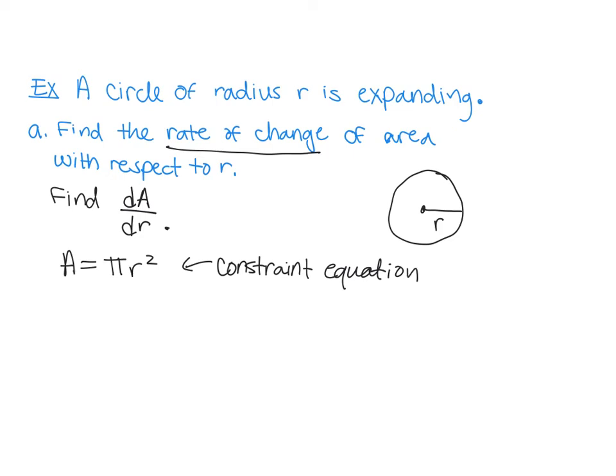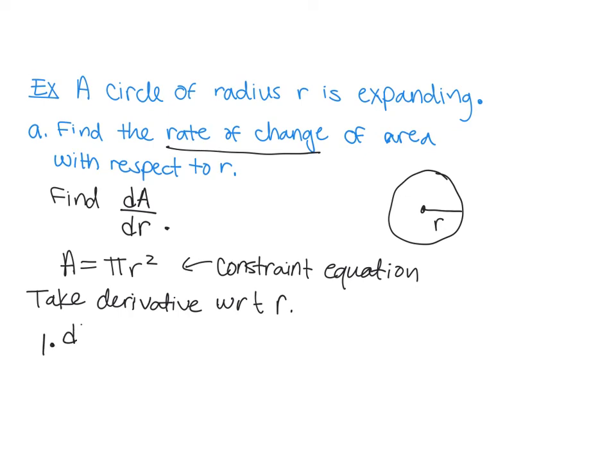And now let's take the derivative on both sides. We'll do some implicit differentiation. Take the derivative on both sides with respect to r. Okay, so the derivative of A is 1, just like normal.